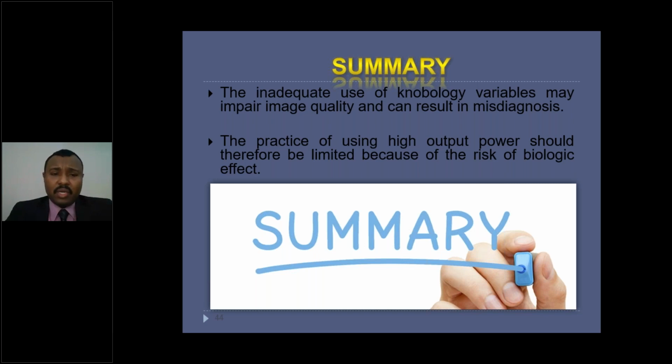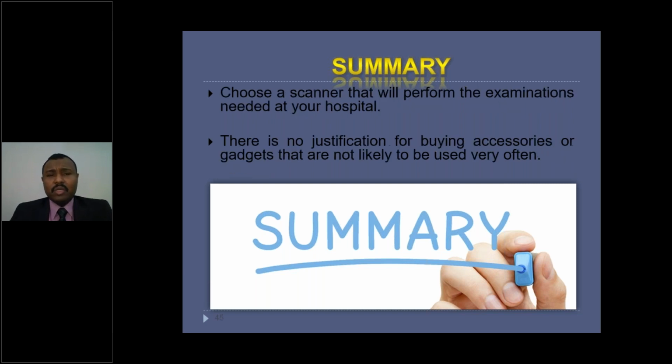Much more, the practice of using high output power should be limited because of the risk of biological effects, which is going to be raised when we scan with high output power on our ultrasound machine. Much more, you should choose scanners that will perform the examination needed, and there is no justification for buying accessories or gadgets that are not likely to be used very often.